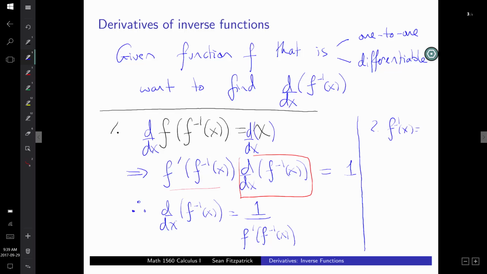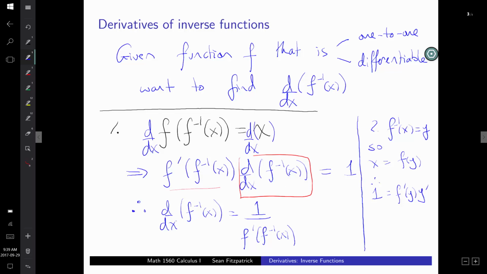We could say, well, okay, f inverse of x equals y. Let y equal f inverse of x, so that x equals f of y. Take the derivative of both sides with respect to x, and on the right hand side we're doing implicit differentiation, right?